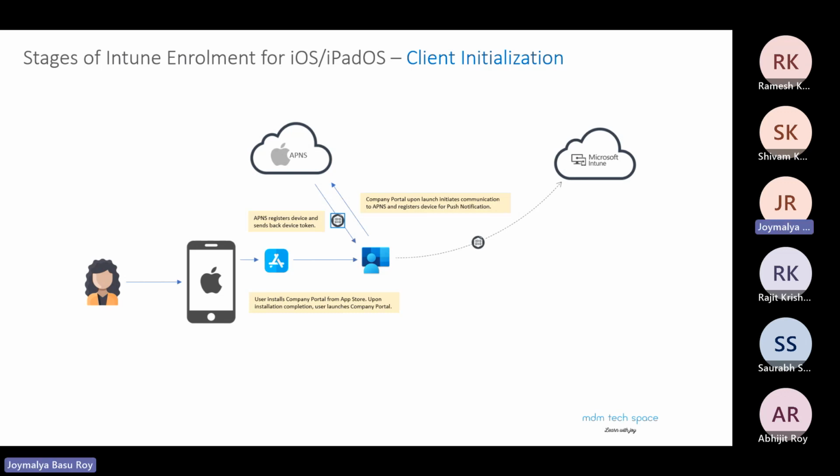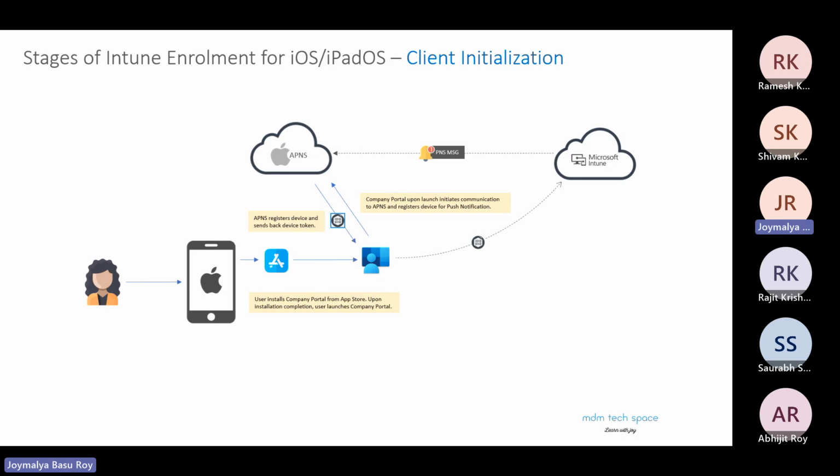It stores it in cache. That is why I have represented that line as a dotted line to Microsoft Intune. So it will do it later, with which Intune will be able to reach out to APNS to initiate a communication with the device. Because I told you last day as well, if Intune has to reach out to the device, it cannot reach out directly. It has to go via the Apple Push Notification Service.